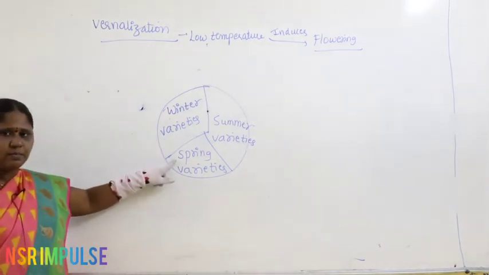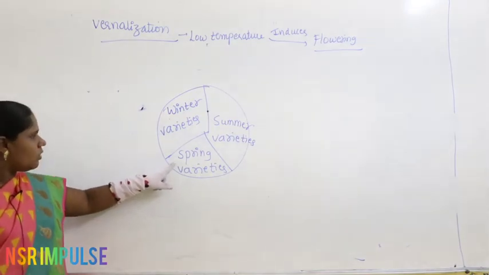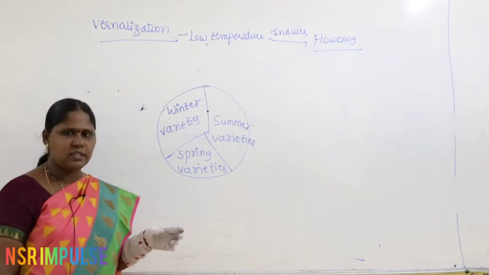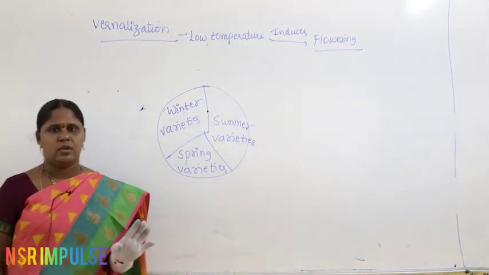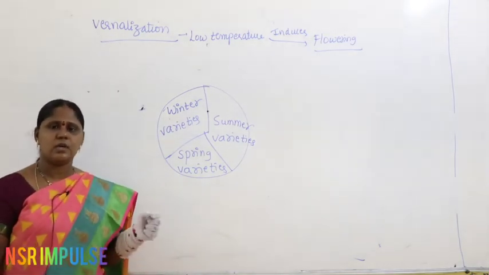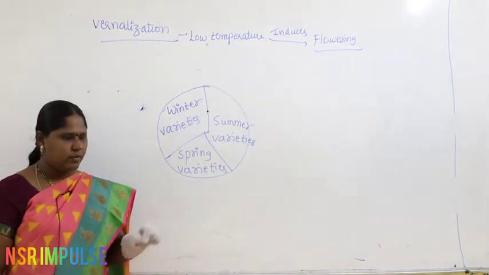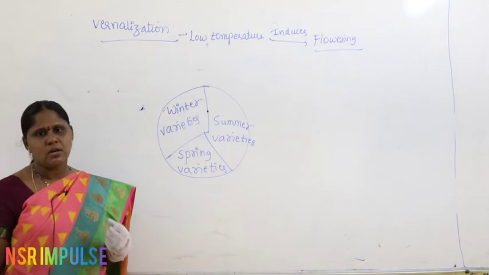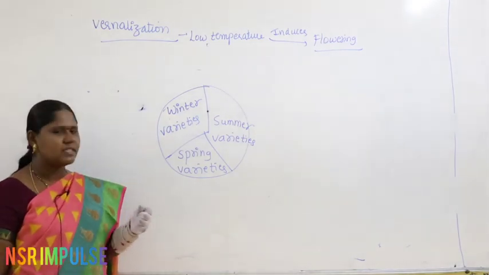The plants which we plant in the spring season are called spring varieties. I hope you got clear about varieties. In some plants, we plant in a particular season, or they give flowers only in a particular season. Just now I told you jasmine, right?